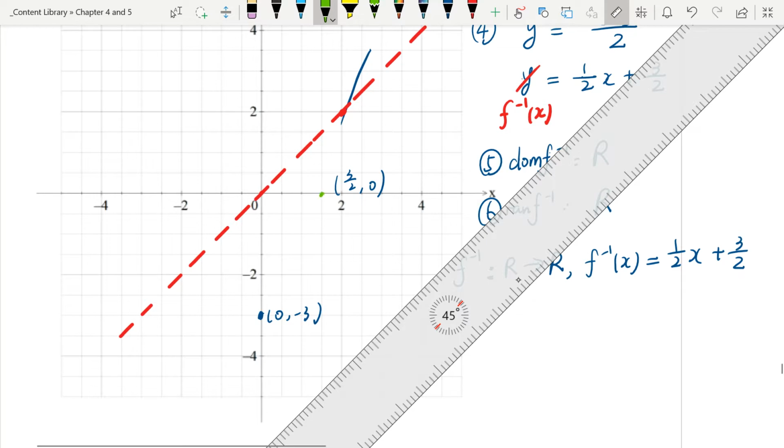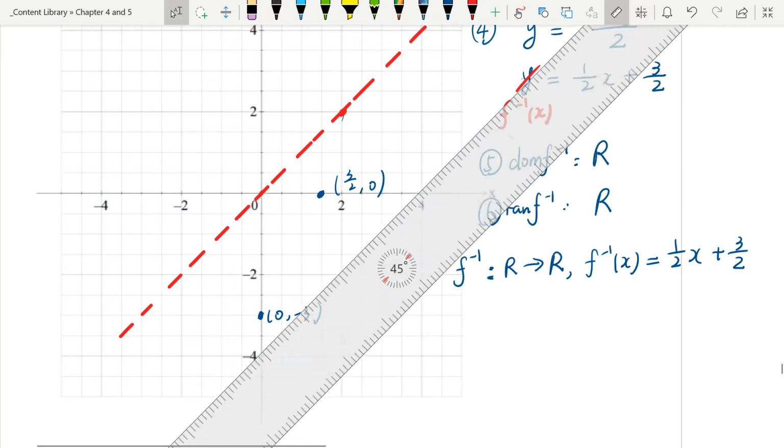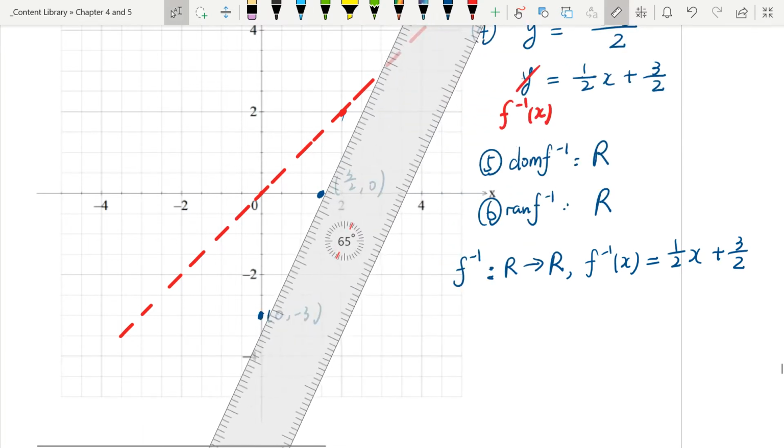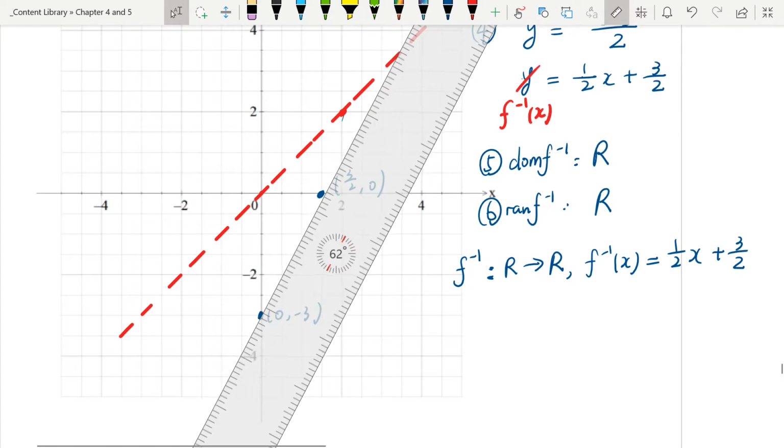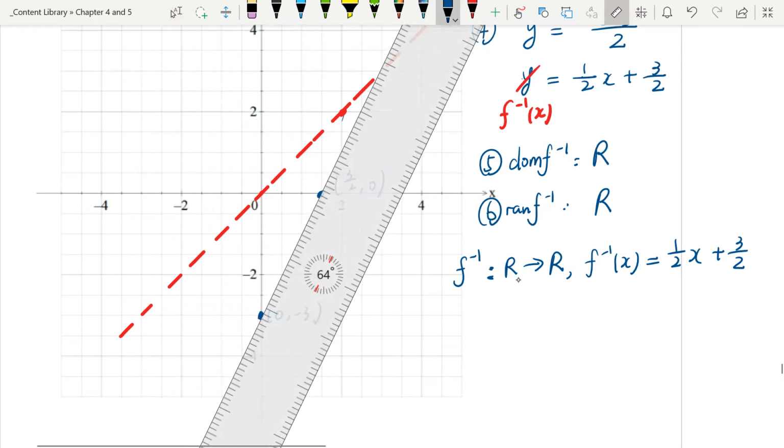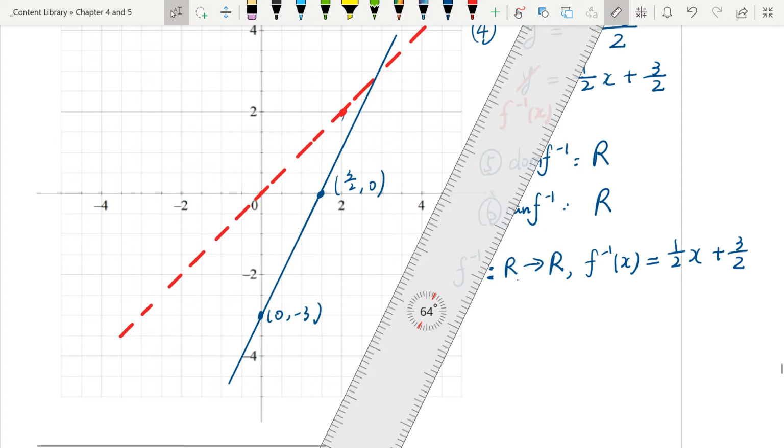That's 1.5. Sorry, just correcting my graph a little bit. So that's my original one. And then 3 over 2, okay, 1.5 is here.